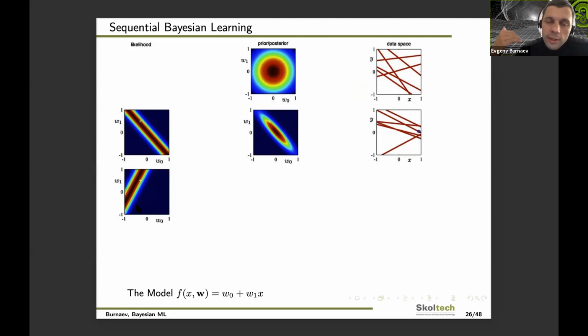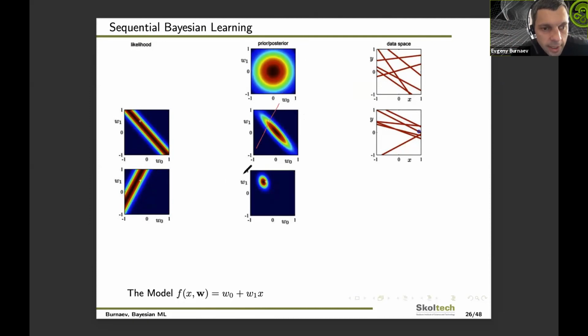In order to calculate the posterior of the vector of parameters W given the data set, I need to take the posterior from the previous step and multiply it by the likelihood on the second step, right? Because the likelihood on the second step looks like this, it cuts the probability mass of this posterior in this region, right?